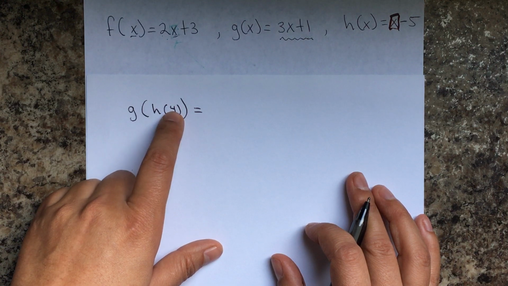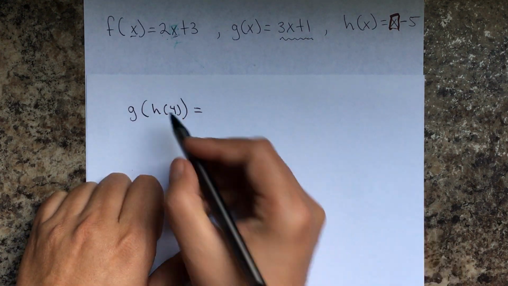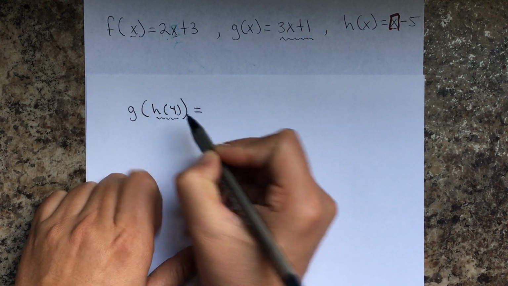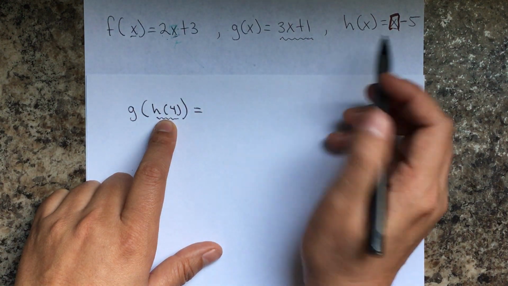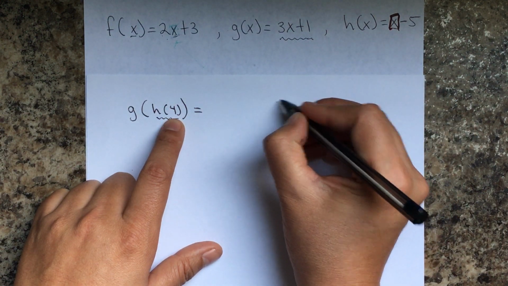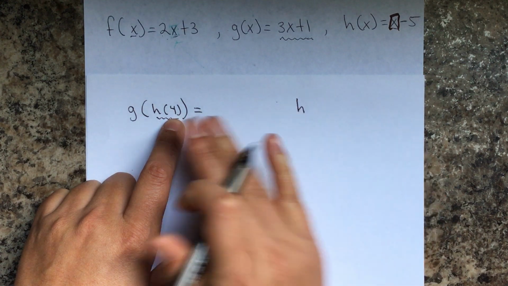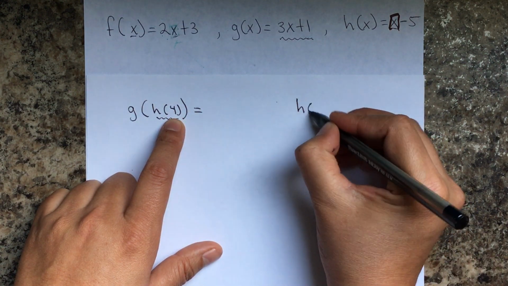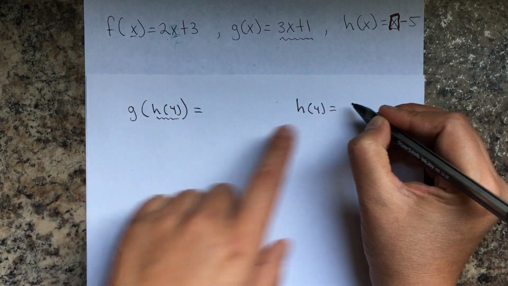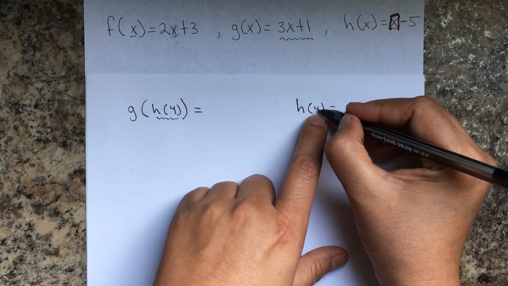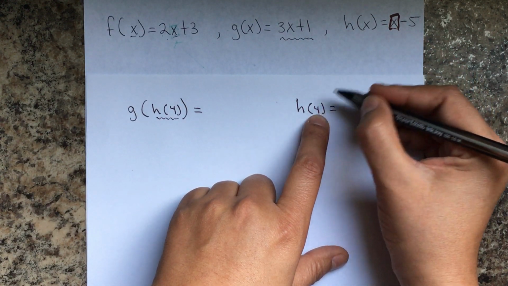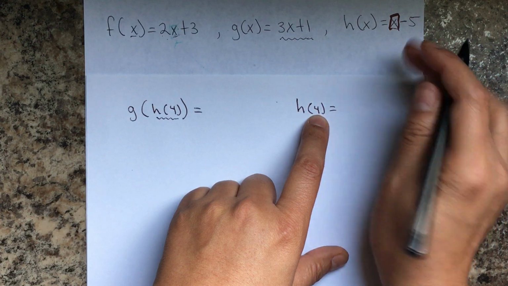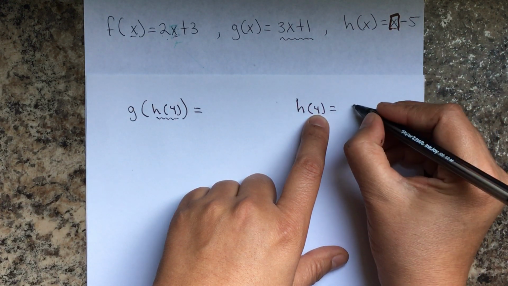In h of x, you have 4 instead of the x. What this means is that you're going to have to work with that first. So h of 4 means, and I'm just going to work on the side, h of 4 is going to be equal to, means replace, if it has a 4 in here, then you're going to replace that in the x. Everything else should stay the same, okay?